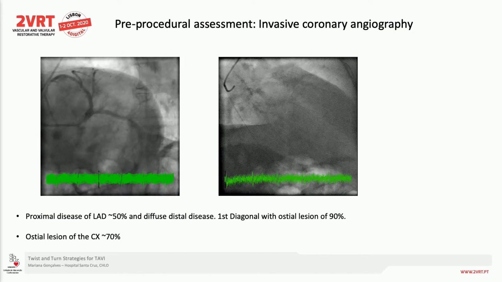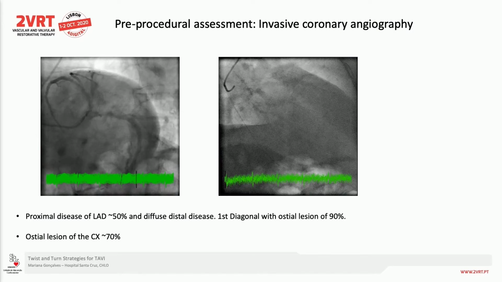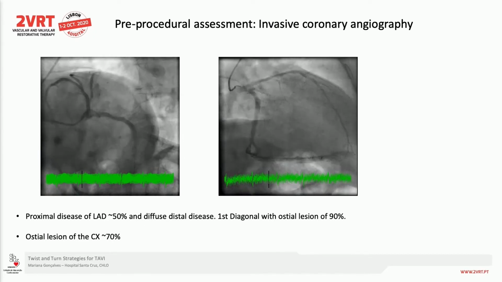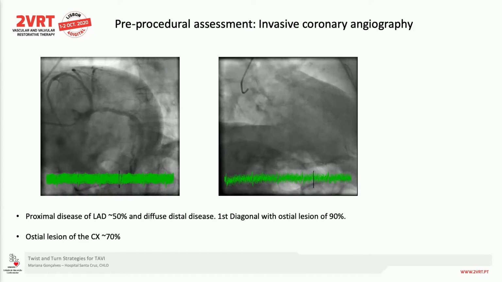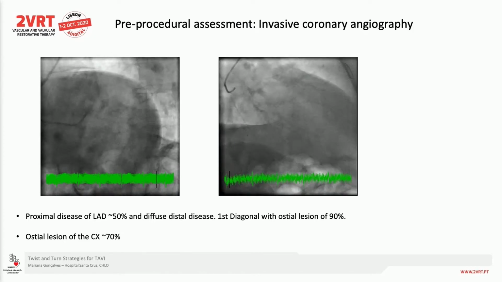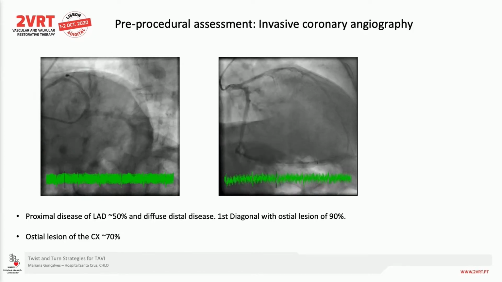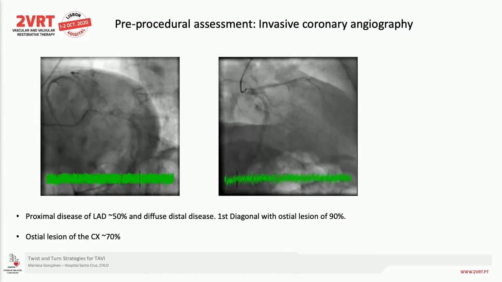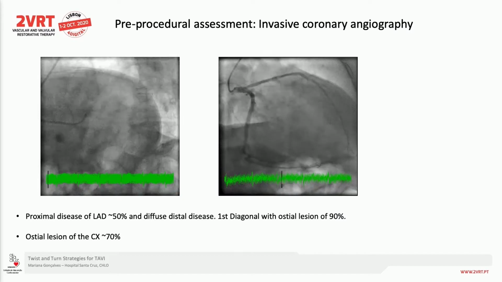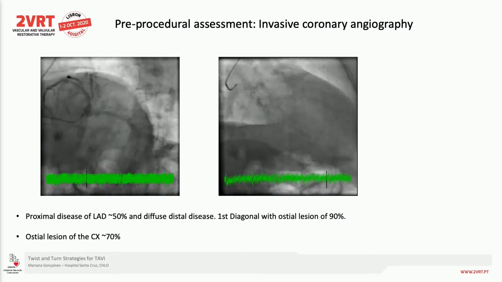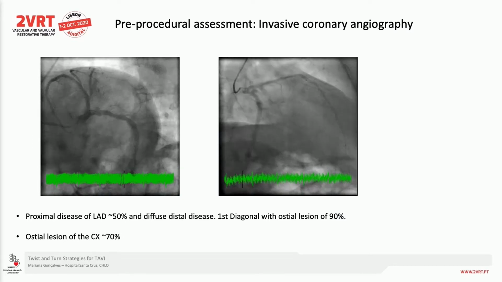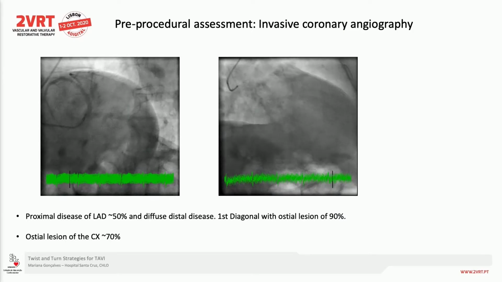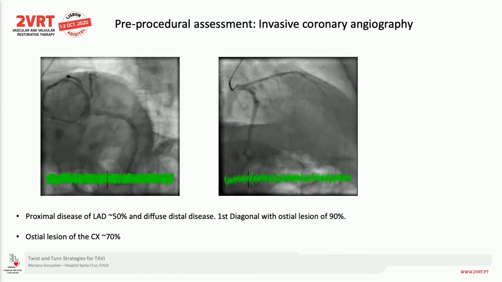Here you can appreciate his invasive coronary angiography before the procedure. He had family history of coronary artery disease, and he also presents coronary disease. We can see that the proximal LAD had an intermediate stenosis, presented diffuse distal disease. The first diagonal also had an ostial lesion, an important ostial lesion, and the circ had also an ostial lesion that was moderate to severe.